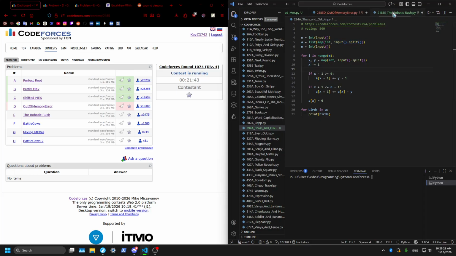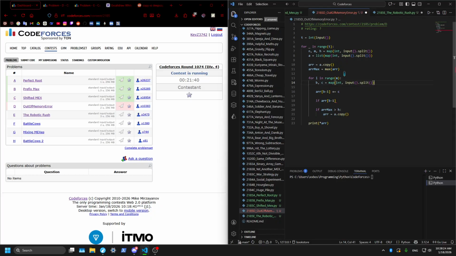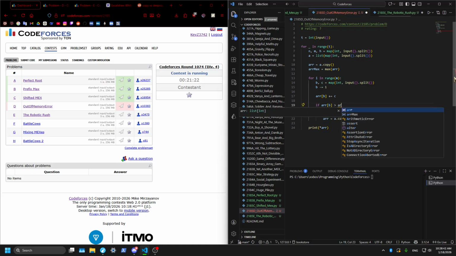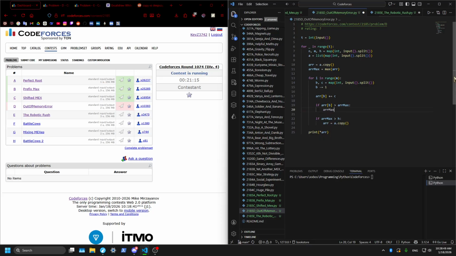Okay. Oh yeah, and do B minus equals 1. We can just do B. If RB is greater than cur max, or R max, then R max is equal to RB.